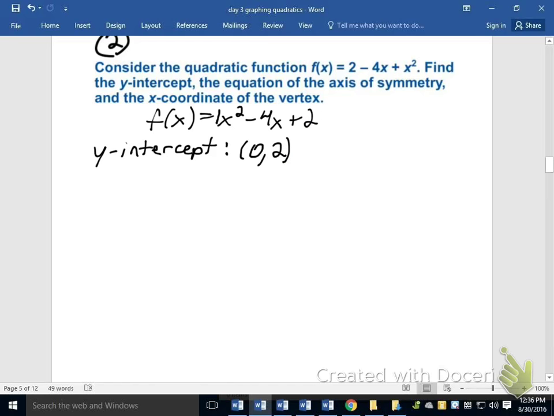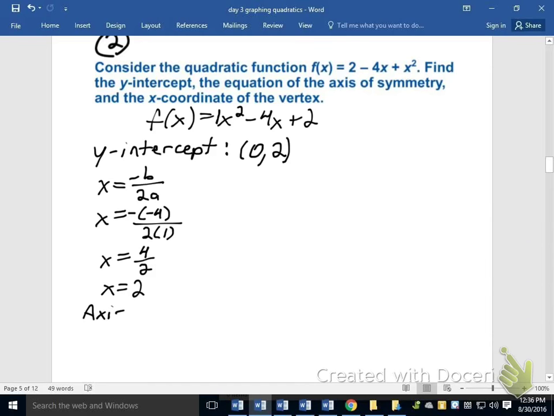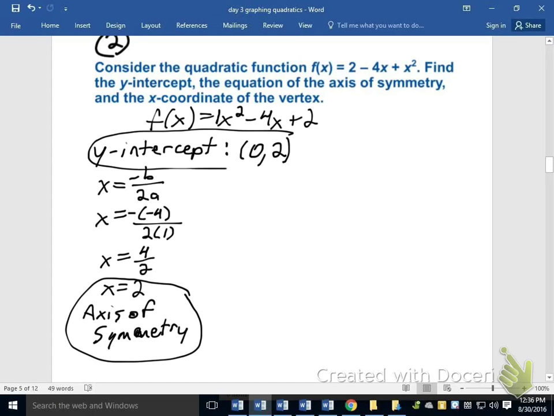The equation of the axis of symmetry, we'll use x equals -b over 2a. So in this case, -4 over 2 times 1. So that's going to be 4 over 2, which is 2. That's my axis of symmetry. And so there's 2 of my answers so far.